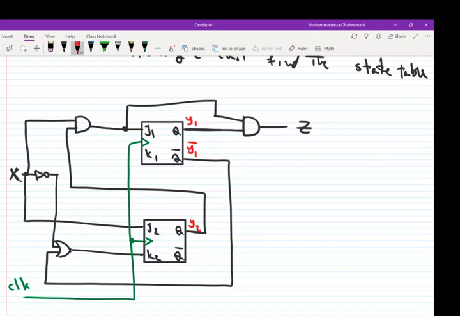Okay, and we need to find the output of each combinational part of the circuit.